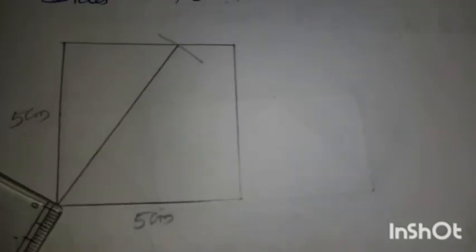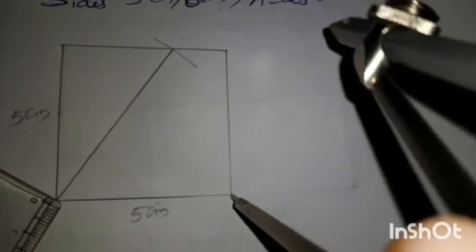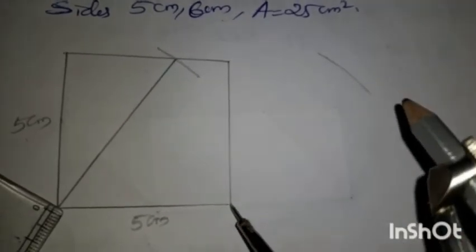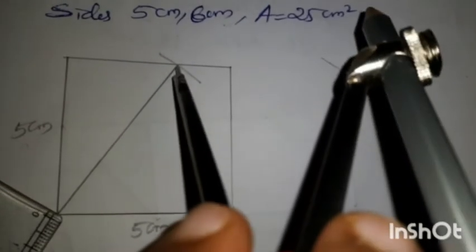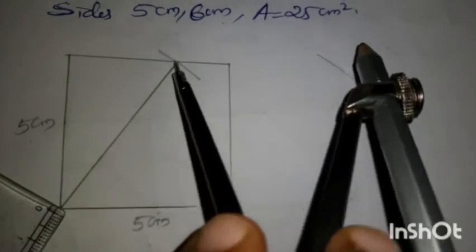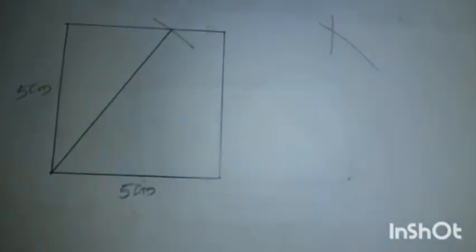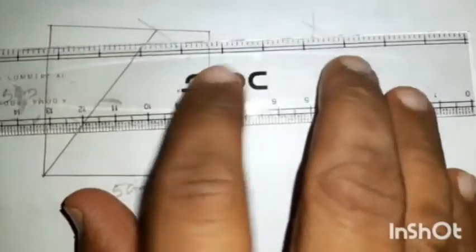Then you have to join the line. Then you have to draw it from here also, the same 6 centimeter. Then from this end, you have to draw a 5 centimeter arc. Then we will join the top end and draw the side.